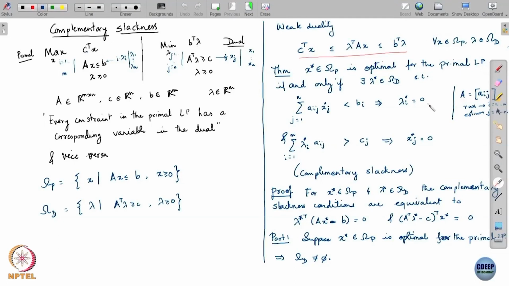All right. So that's what these conditions are saying, and the situation is completely symmetric between the primal and the dual. The variables of the primal are the Lagrange multipliers of the constraints of the dual, and likewise the variables of the dual are Lagrange multipliers of the constraints of the primal. All right.